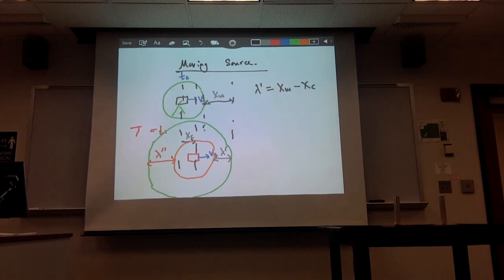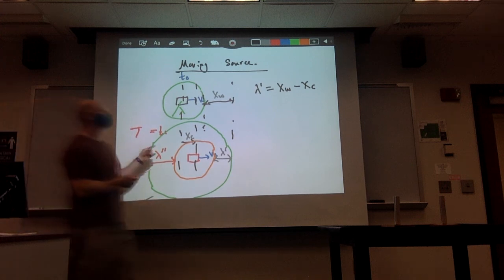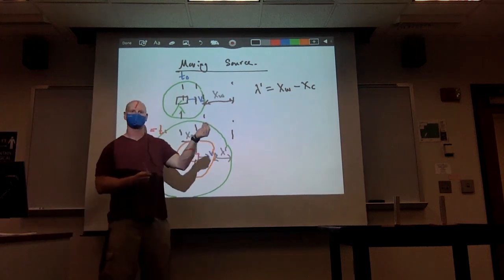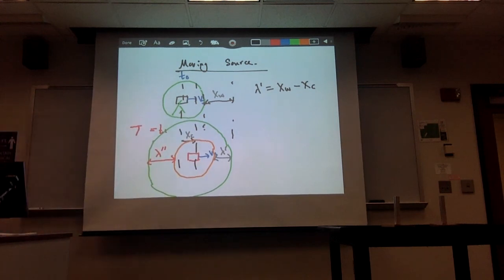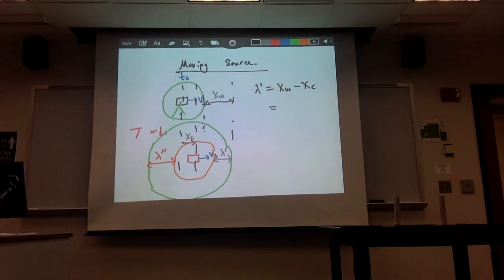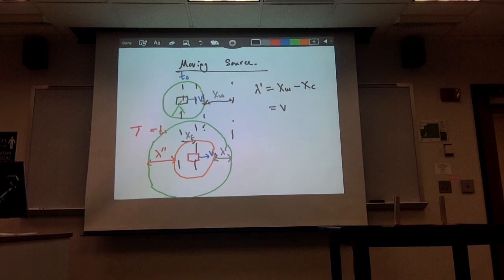Now, since the wave is moving at a constant speed, our second kinematic equation says we can ignore the acceleration term, which means I can rewrite this as simply the velocity at which the wave is moving. I'm going to call this the speed of sound times the time, which is the period, minus the speed at which the car is moving, which I'm calling the speed of the source, all times the amount of time it has moved, which is also equal to the period.